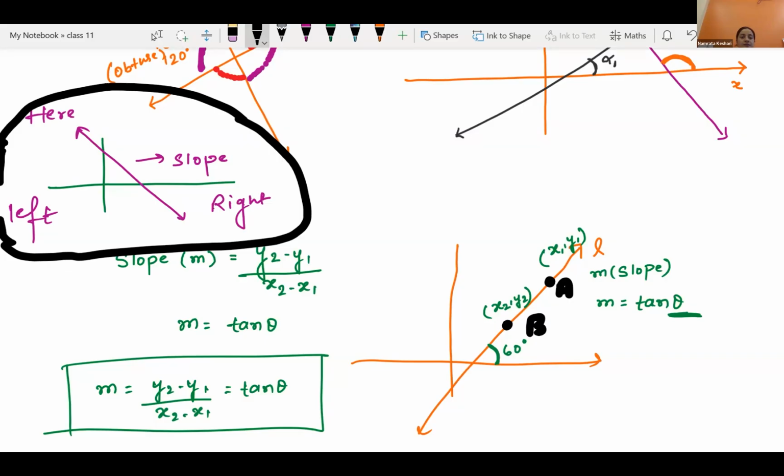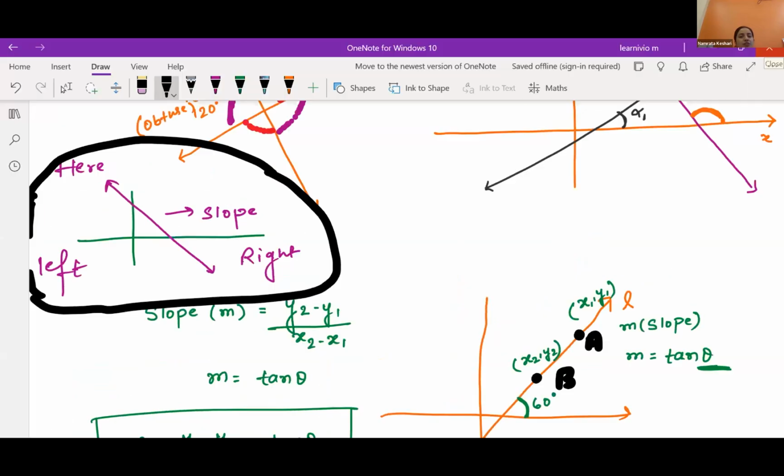In another way, we just say slope means inclination. Slope means how much the line is inclined.